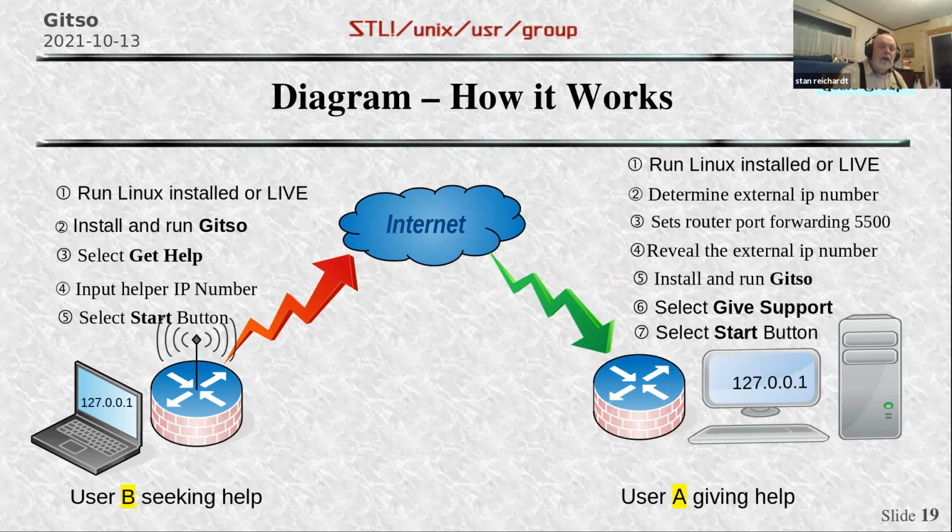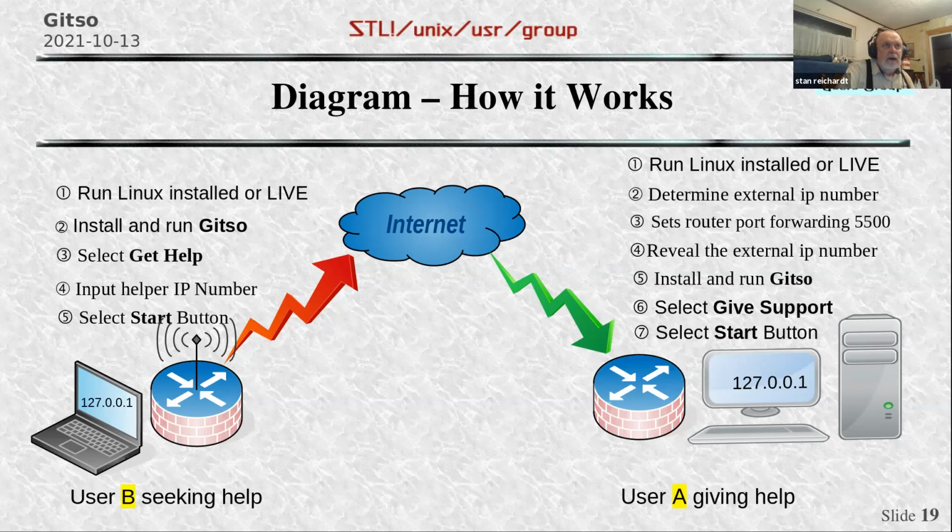The person seeking help is running Linux on his machine if he's already got it installed and needs help with something, or he can run it live from a thumb drive or something. The purpose of a live distro is to test out your hardware and see if things work.